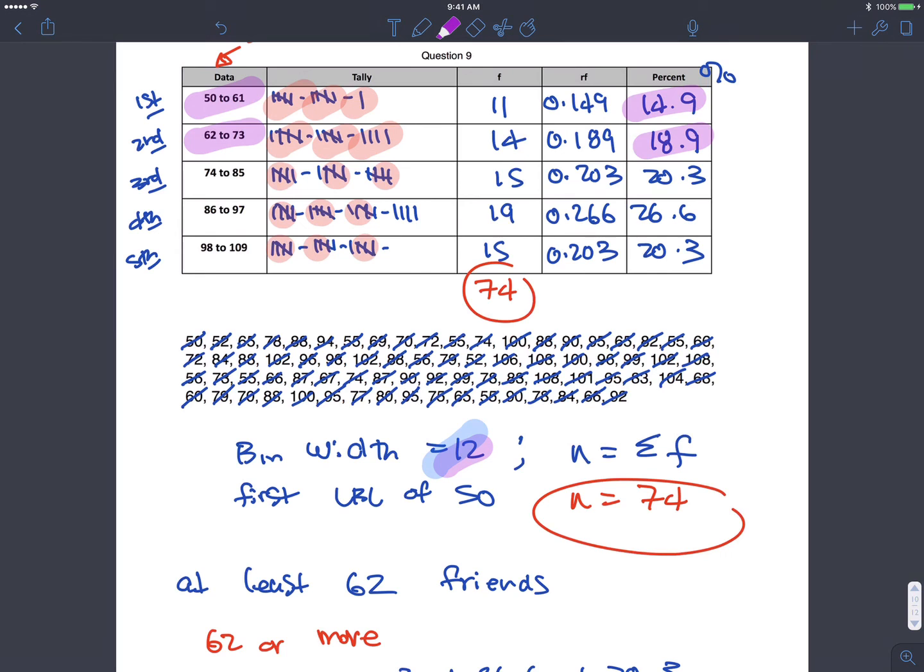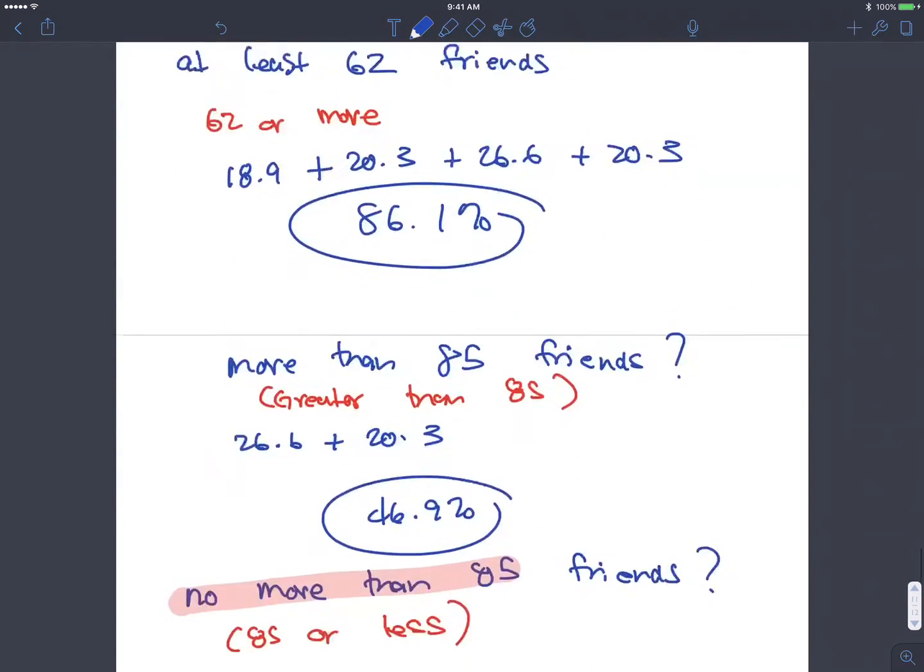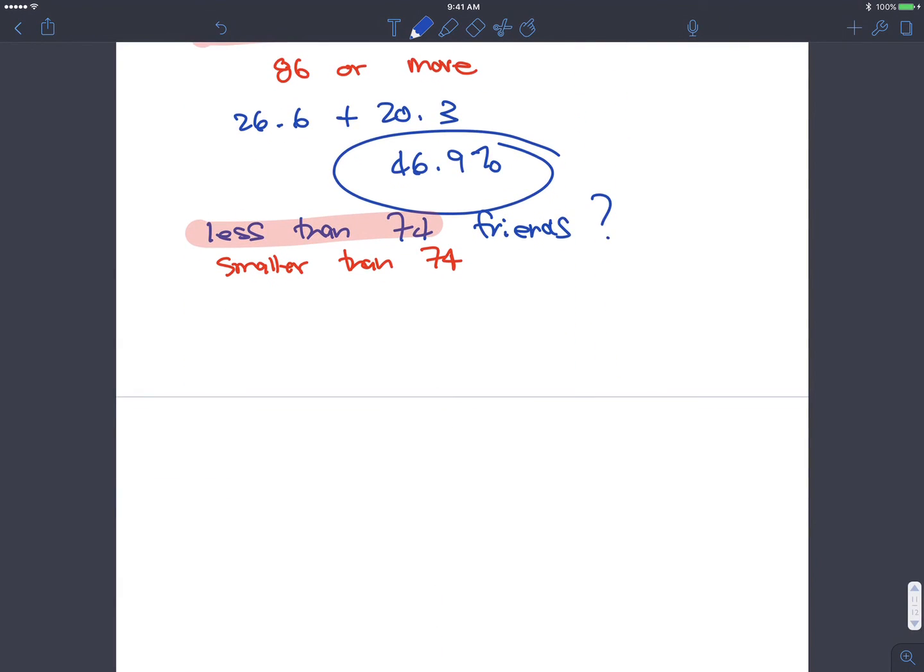We take the associated percentages, 14.9 plus 18.9, which gives us 33.8%. 33.8% of the sample has less than 74 friends on Facebook.